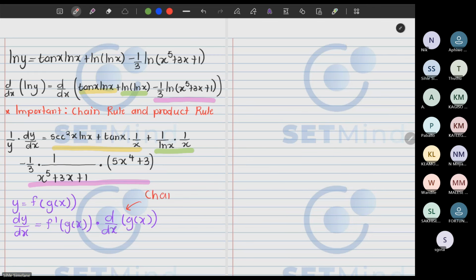Below is our answer. And our dy dx will be equal to, I'll open big brackets, or maybe put in the y first outside. So we have y multiplying everything. So we have our y sitting there, and then open the big brackets.